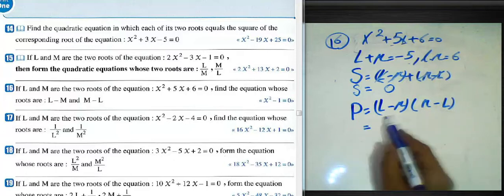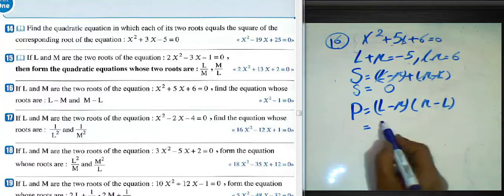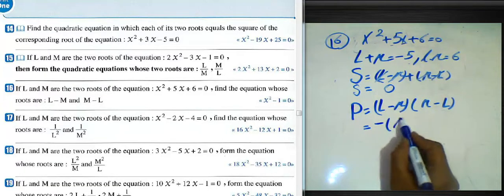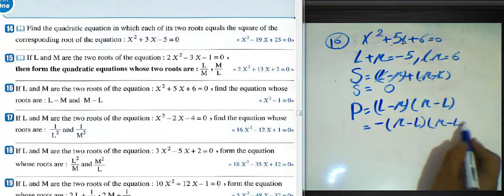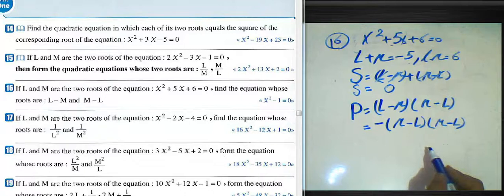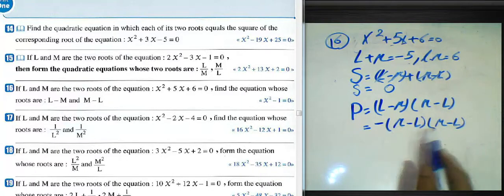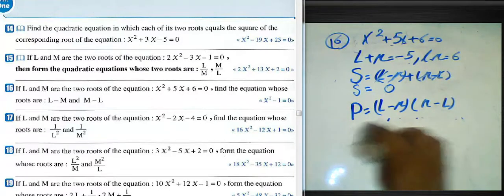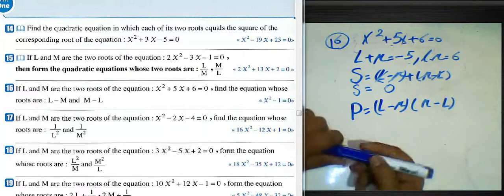We can find the result by taking the negative here, or parentheses M minus L multiply M minus L. Or we can distribute all terms.